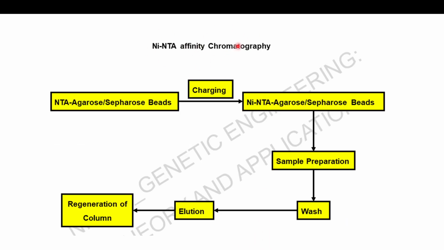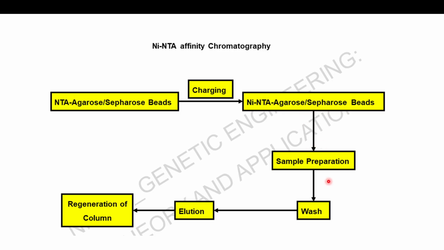Similarly, there is nickel NTA affinity chromatography where there are beads, NTA agarose or Sepharose beads, which are charged with divalent nickel ions, thereby forming Ni-NTA agarose beads, and then you load your sample.